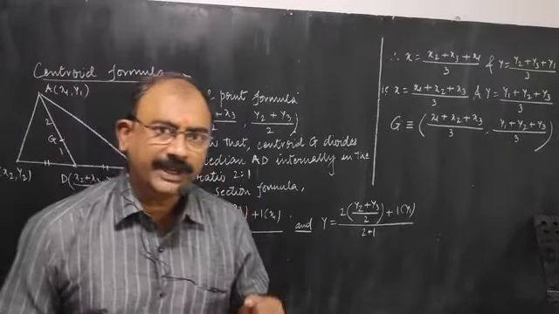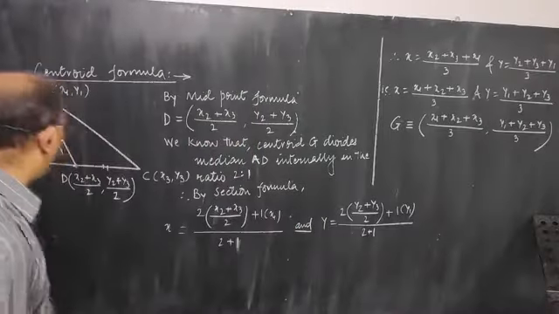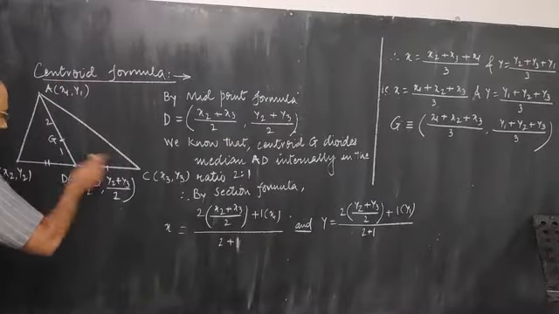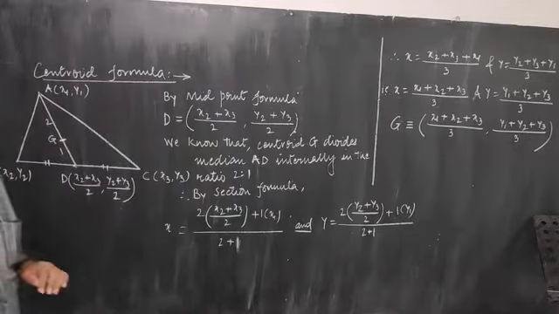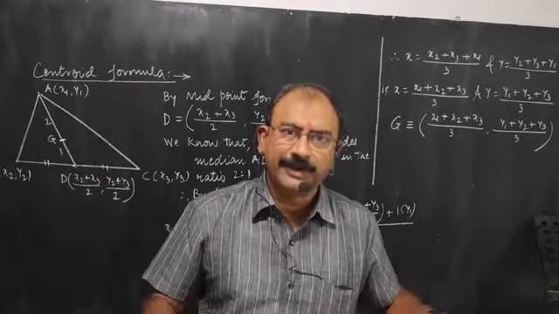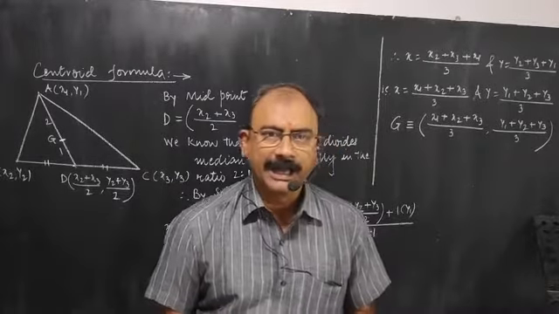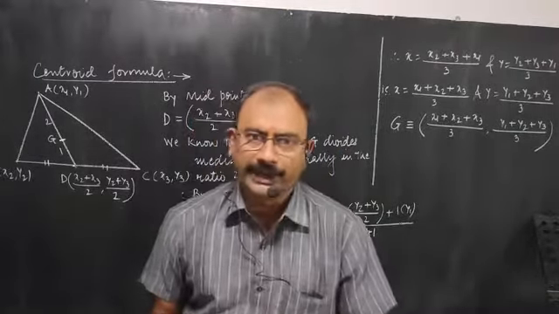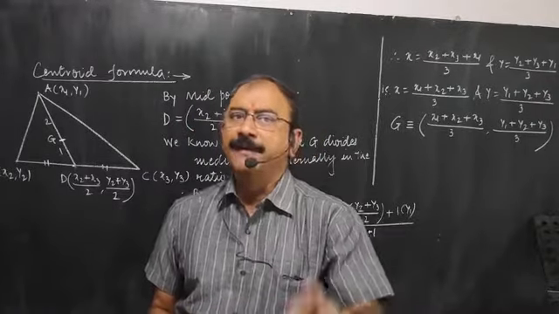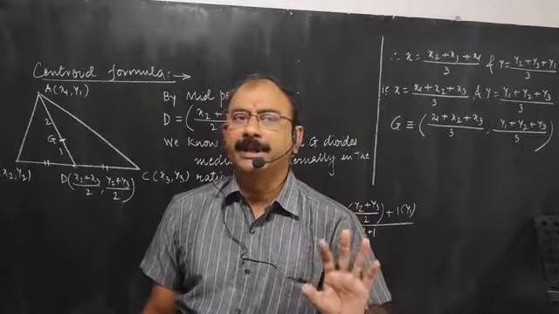Now, what again we have to memorize here is that there are 4 points involved. 3 are the vertices, the 4th is the centroid. According to the derivation, we say that we can find out the centroid of the triangle. But when we actually apply it, out of these 4 points, if any 3 are given, the 4th point can be calculated.